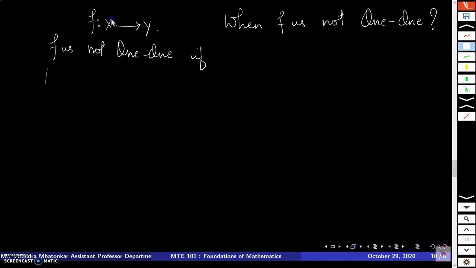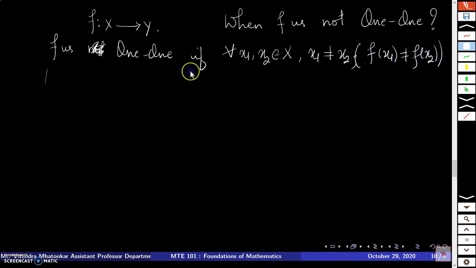Okay, so the definition says for every point x1, x2 in the domain, that is the set X here, such that x1 is not equal to x2, f of x1 should be different from f of x2. This is the definition of 1 1 function.